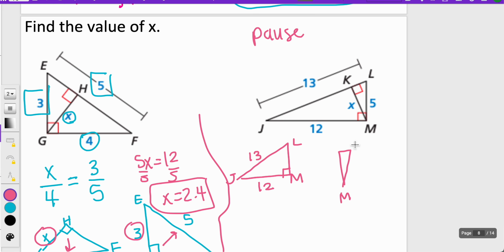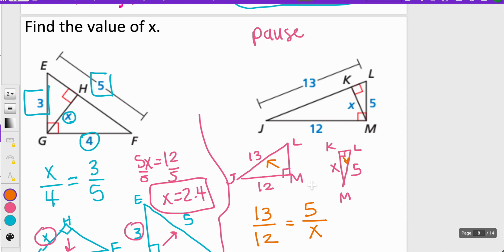Here's M, L, and K. Right angle is here at K. I have KM is X, LM is 5. Again, where I start is to see what number is across from the right angle. So 13 will correspond to 5. So that means 12 corresponds to X.